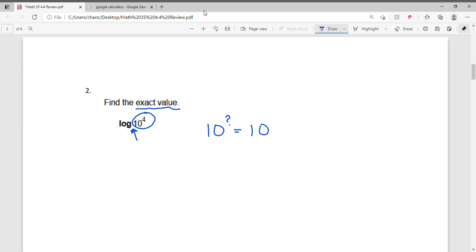Well, that's pretty easy. This missing number has to be equal to 4. So log 10 to the 4th is exactly 4, and we didn't even need a calculator to do the problem. Again, if there's no base here, assume it's base 10.